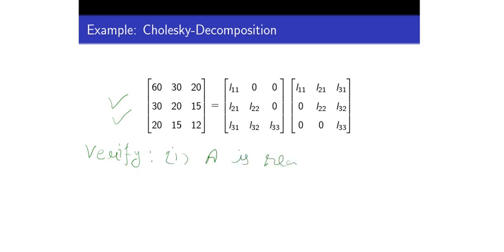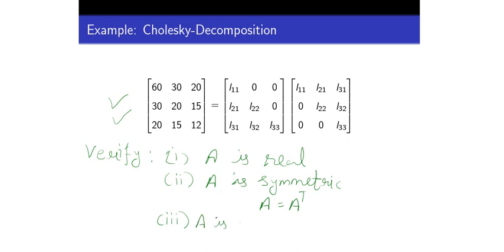Yes, you can check each entry is a real number. Second verification you have to do is that A is symmetric. Okay, so you can verify whether A is equal to A transpose or not. The third thing, which is very important, is that A is positive definite.